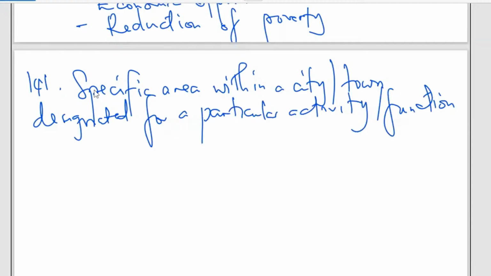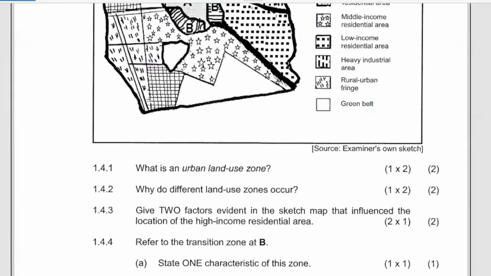We can also talk of industrial land use zones where we are dealing with industrial activity. We have a section for light industries and a section for heavy industries in the urban area. Those are specific land use zones. The area is being specifically used for a designated purpose, or we are using the land for a specific function in the urban area. Right, we move on to the next question.